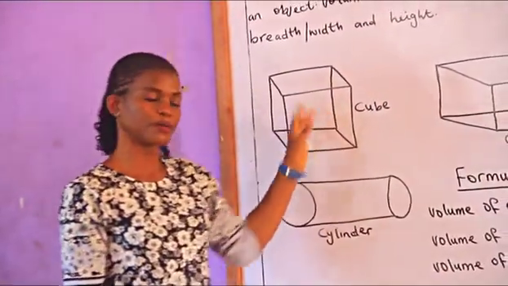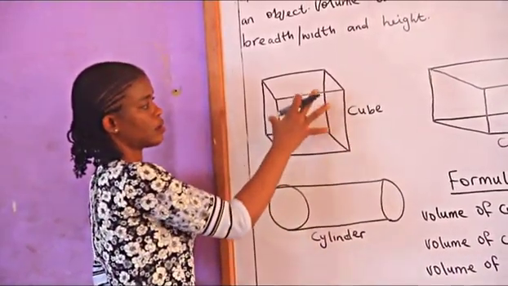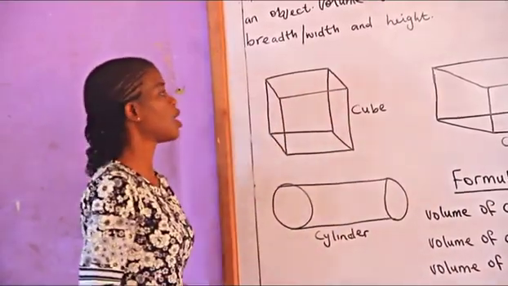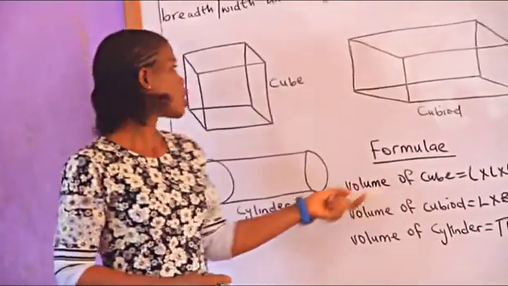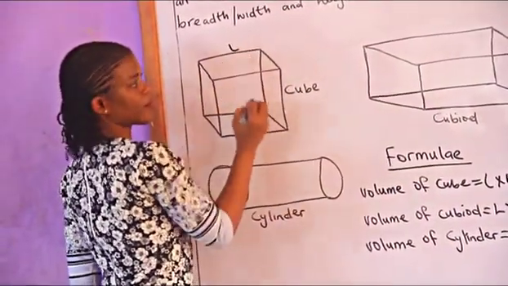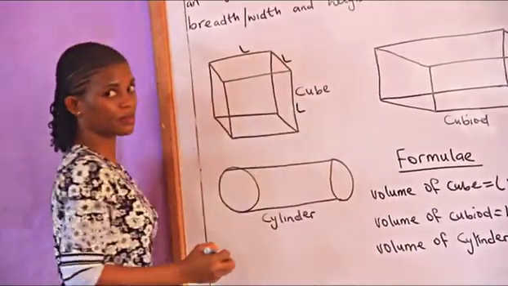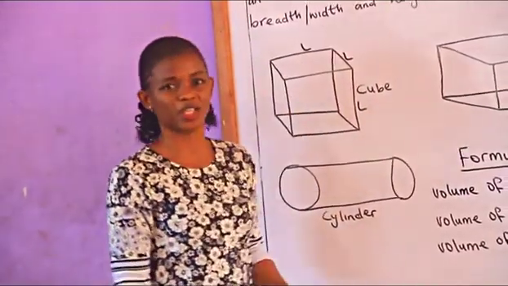For the cube, it has 6 surfaces in total. But for the formula, we have the length, the breadth, and then the height, which has already been explained earlier that volumes are always three-dimensional.